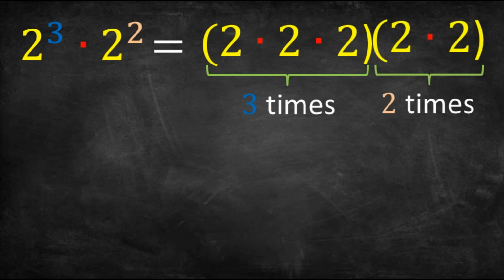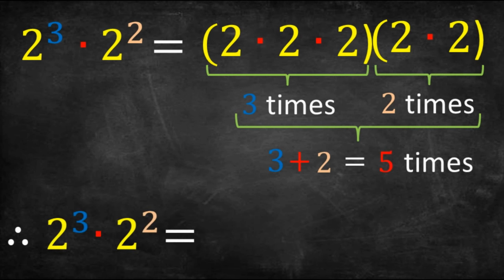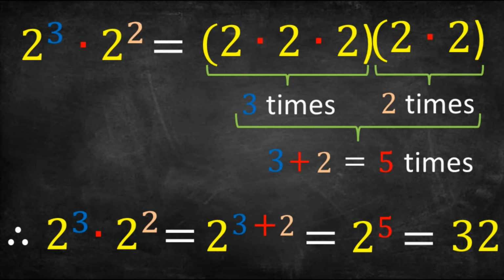So, we're actually multiplying 2 by itself a total of 3 plus 2, which is 5 times. Therefore, 2 cubed times 2 squared is the same as 2 to the power of 3 plus 2, in other words 2 to the 5, which is 32.